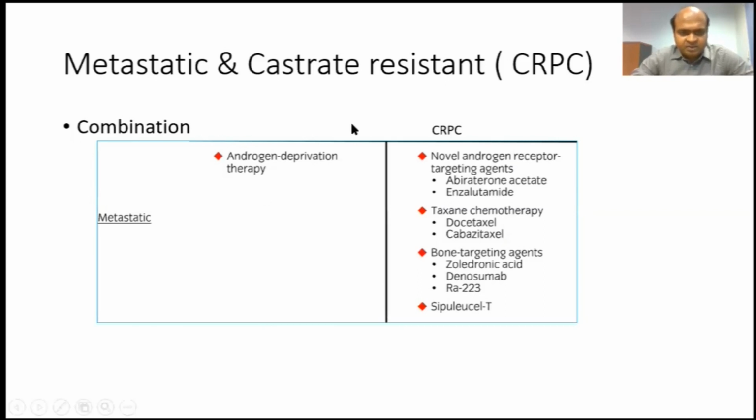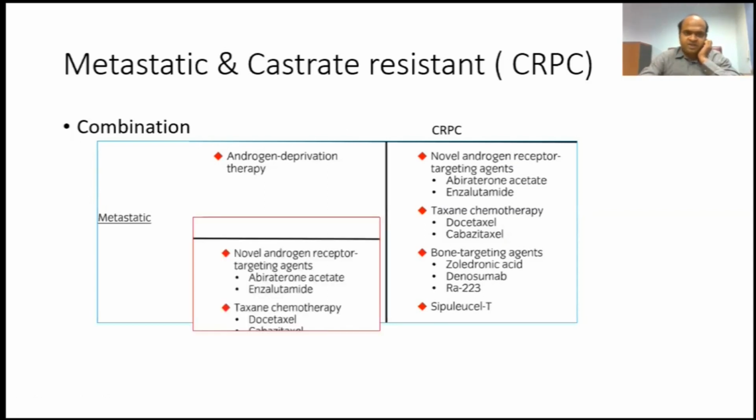Though androgen deprivation therapy is the mainstay of management of metastatic prostate cancer, novel agents like abiraterone acetate and chemotherapy like docetaxel are also being added in combination to androgen deprivation therapy to get better response in the metastatic setting.